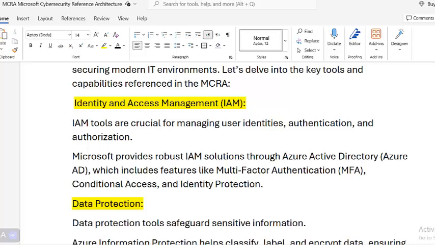IAM tools are crucial for managing user identities, authentication, and authorization. Microsoft provides robust identity and access management solutions through Azure Active Directory, or Azure AD, or Azure Entra, which is called now, which includes features like multi-factor authentication, conditional access, and identity protection.